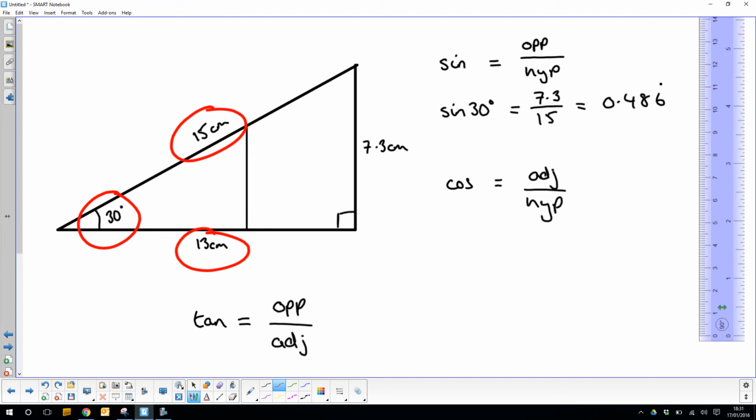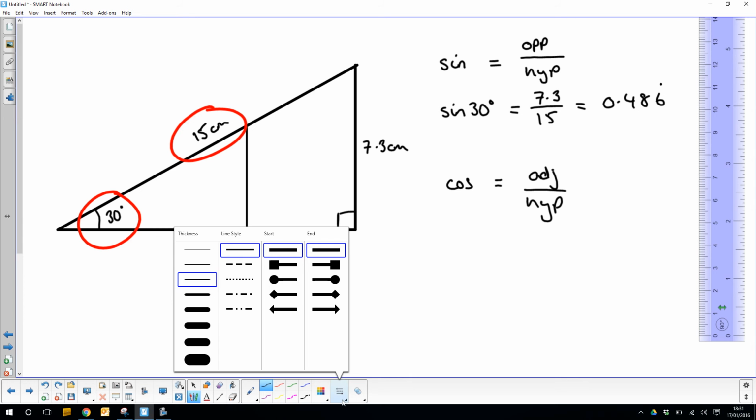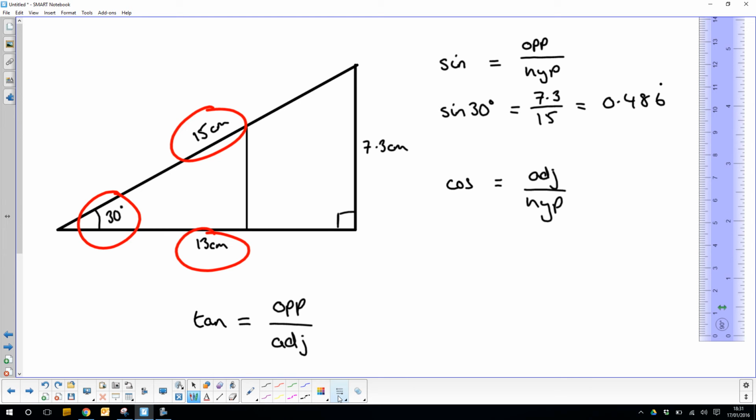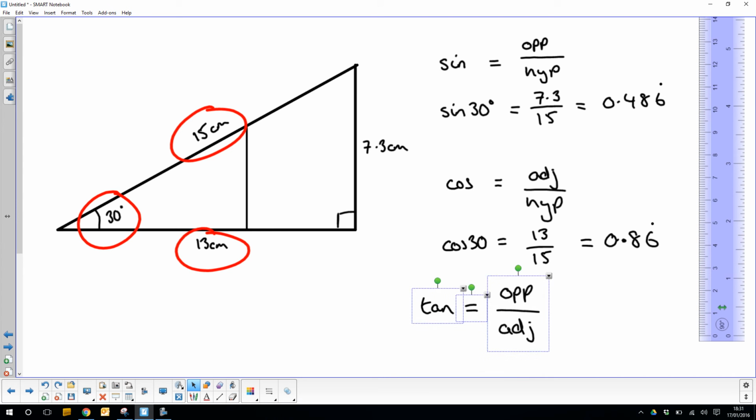And that would mean cos 30 equals 13 over 15. Let's work that out: 13 divided by 15 is 0.86 recurring.